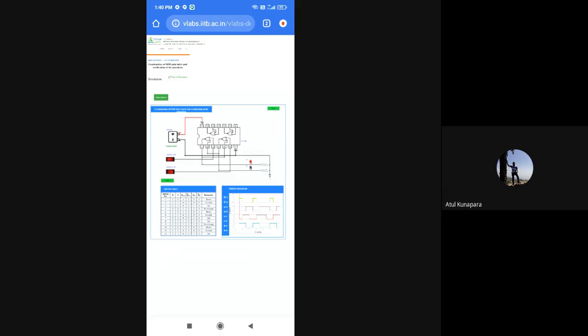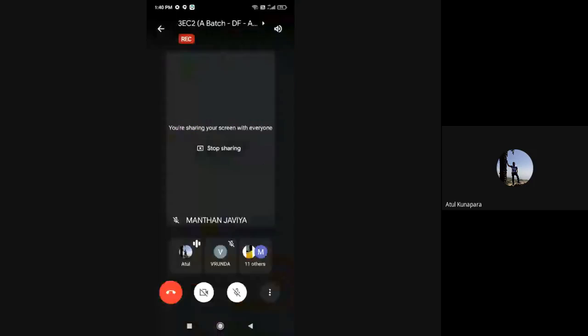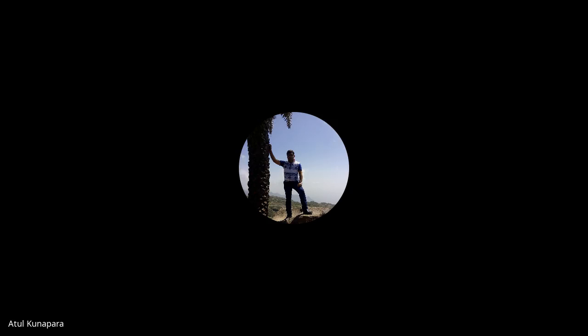Okay, Manthan, if my output is right now reset, that is Q is 0 and Q bar is 1, and I give the input R equal to 1 and S equal to 0, what should the output condition be? I'm saying that my output is right now reset, Q is 0, Q bar is 1.